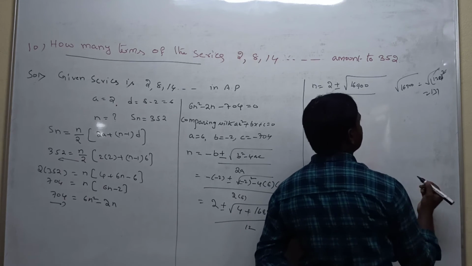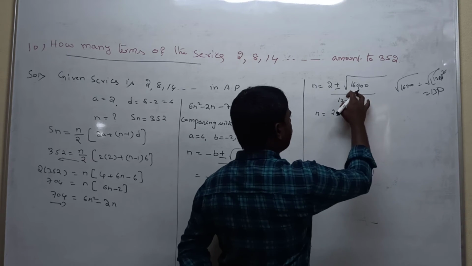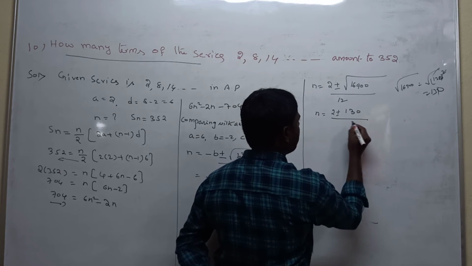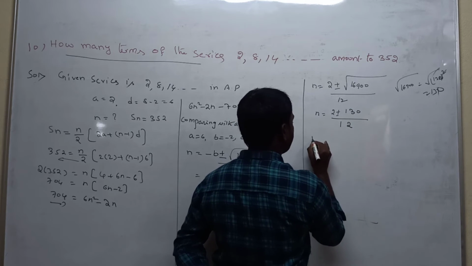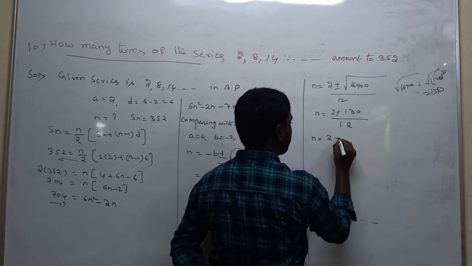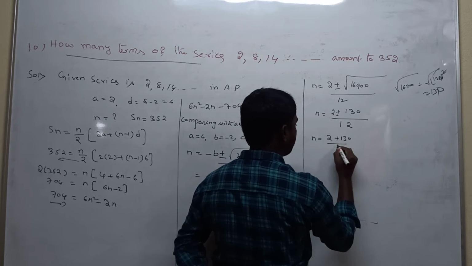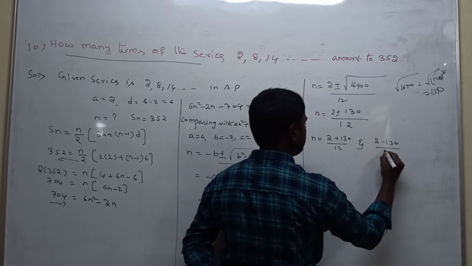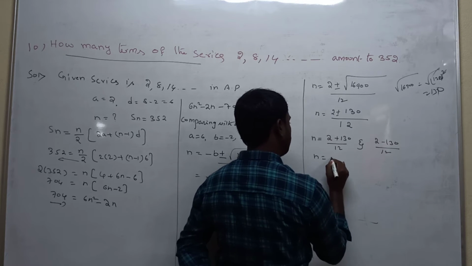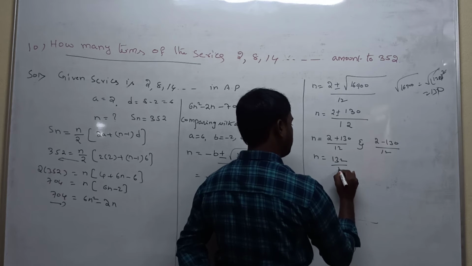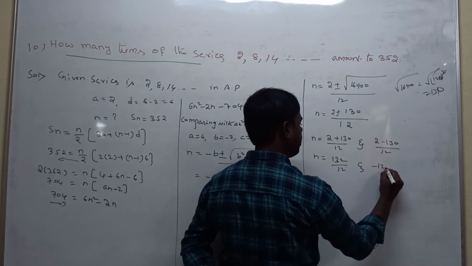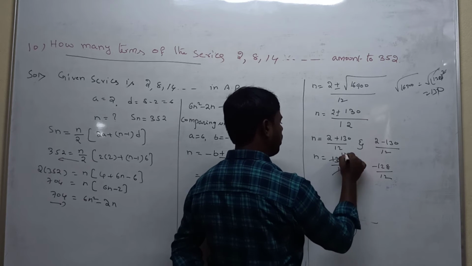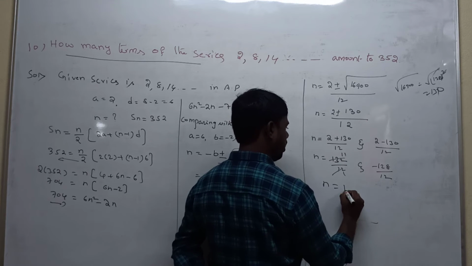So root 16,900 value is 130, divided by 12. Now you can write it separately: 2 plus 130 divided by 12, and 2 minus 130 divided by 12. Now n is equal to 132 by 12 and minus 128 by 12. 12 ones are 12, 12 elevens are 132, so n is equal to 11.